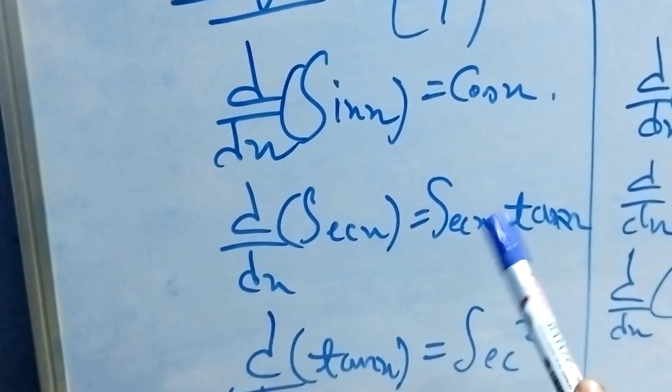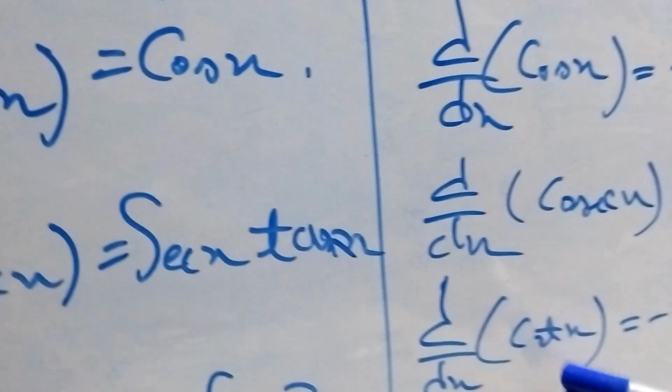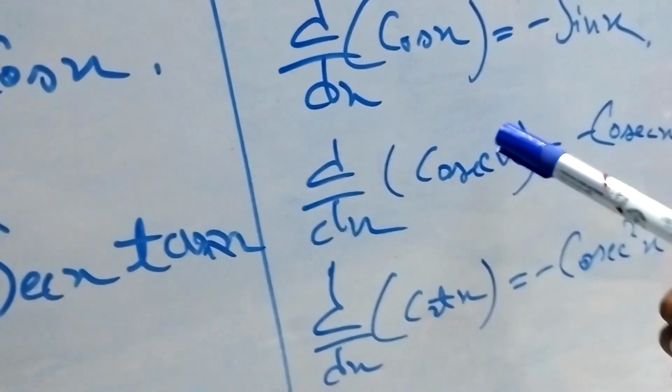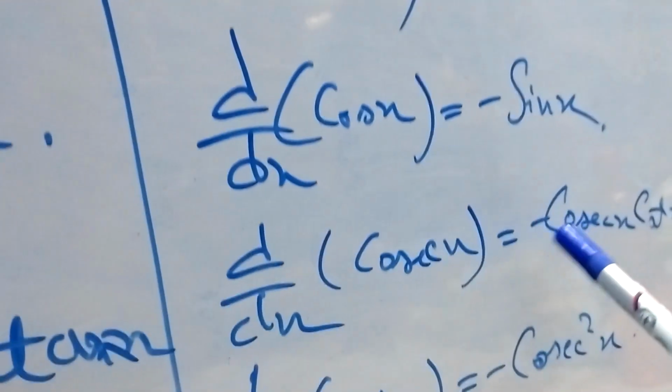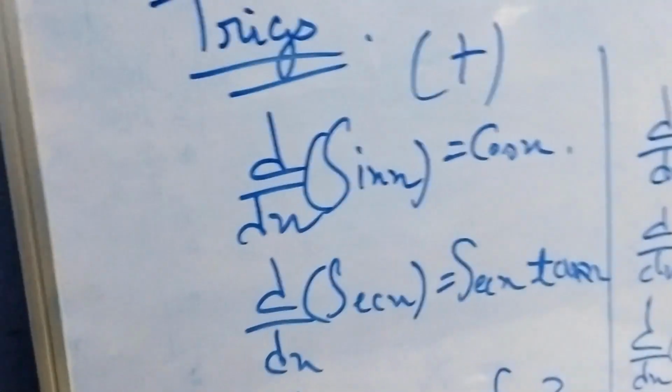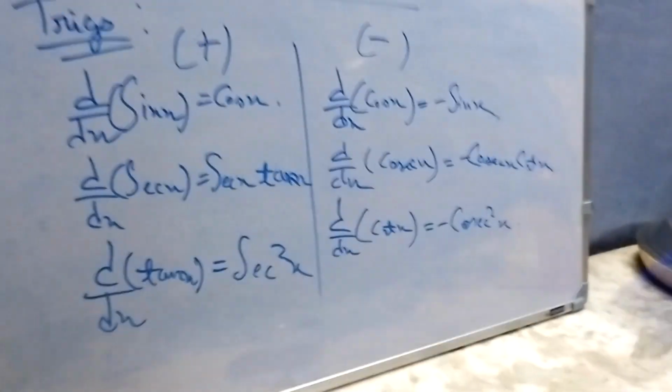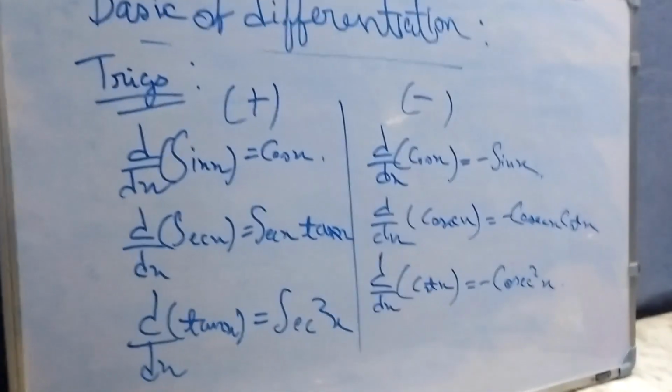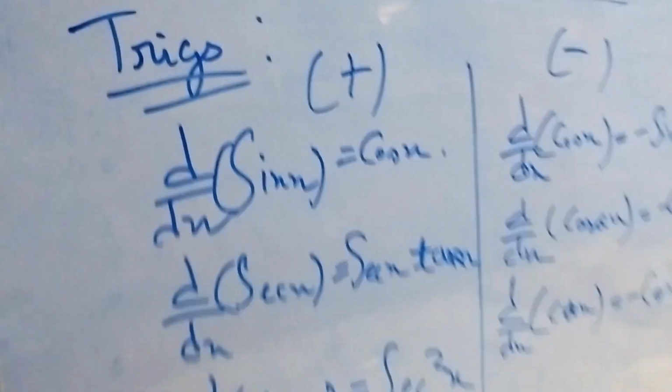Just sin x and cos x change with a minus, and sec x differentiates to sec x tan x, just as cosec x to cosec x cot x. It means there is a relation between sec x and tan x, and between cosec x and cot x, and you get just the minus sign here. If you memorize these three, the others will be handy, right? You don't need to memorize all six. It's a basic analogy. Well, let's move further.